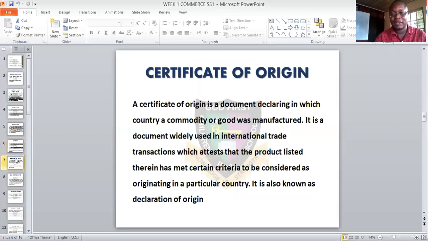Then let us look at the certificate of origin. Certificate of origin is a document declaring in which country a commodity or good was manufactured.